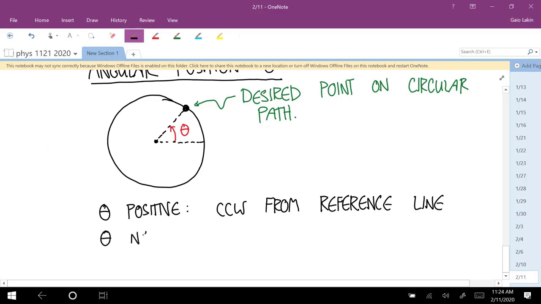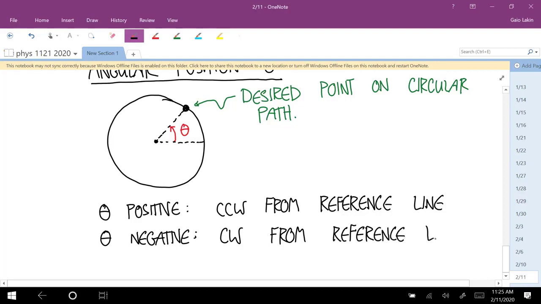And if it's negative, that means clockwise. So in the picture I drew here, this theta is positive.